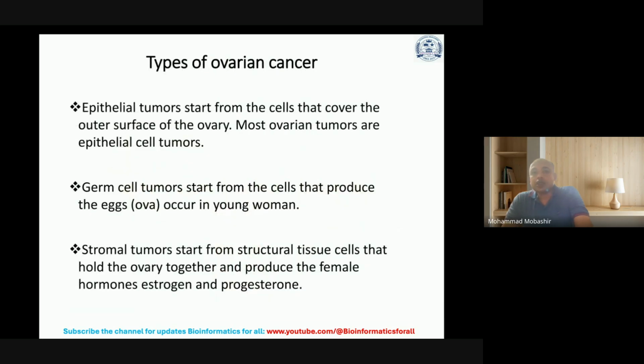Now, the common types of ovarian cancer: epithelial tumors start from the cells that cover the outer surface of the ovary. Most ovarian tumors are epithelial cell tumors. Germ cell tumors start from the cells that produce the eggs or ova, and occur in young women. Stromal tumors start from the structural tissue cells that hold the ovary together and produce the female hormones, estrogen and progesterone.